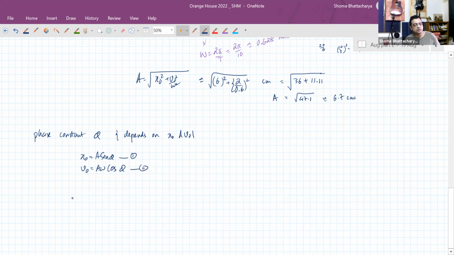This was the second equation. So if we just divide the two equations, you'll see that x naught by v naught is equal to tan phi by omega, or phi is equal to tan inverse of x naught into omega by v naught. So this is the phase constant.